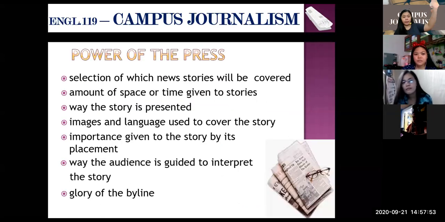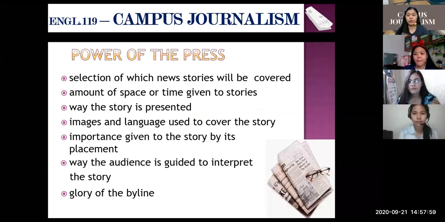So the power of the press is a selection of which news stories will be covered. It also covers the amount of space or time given to stories and the way a story is presented. So if you notice, uso karon ang bias nga news or fake news, and that really matters sa power of the press. And images and language used to cover the story.